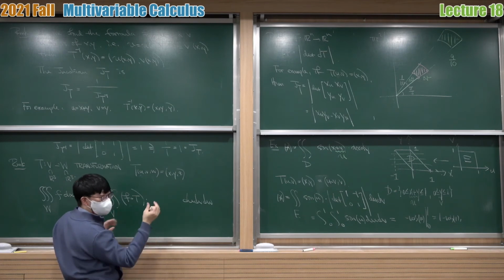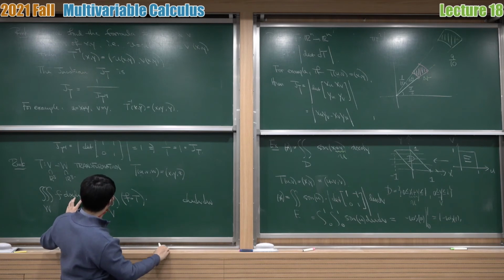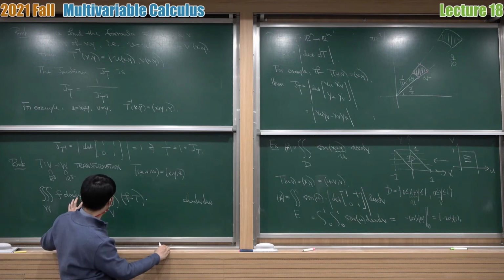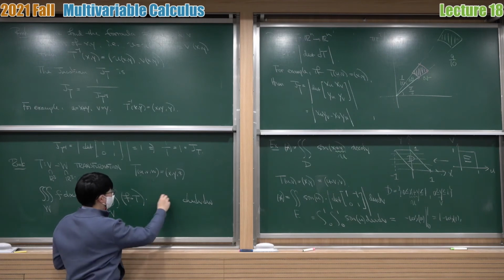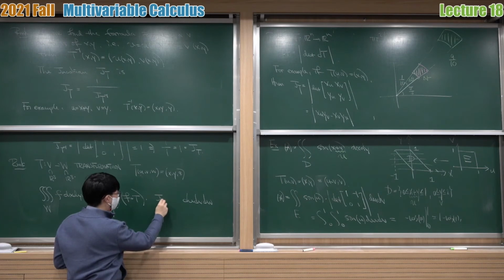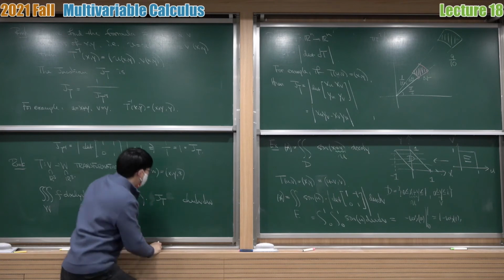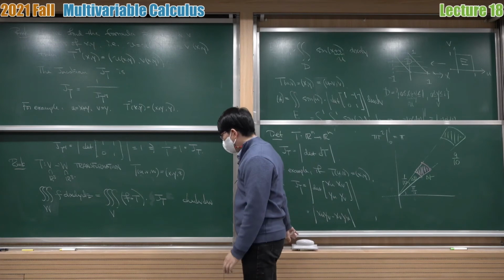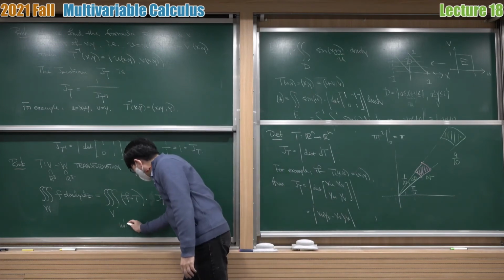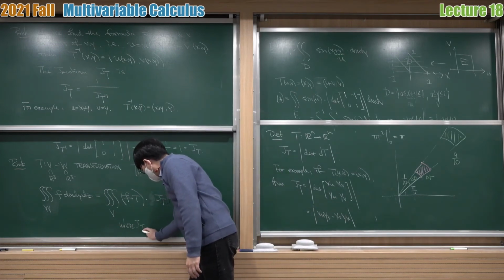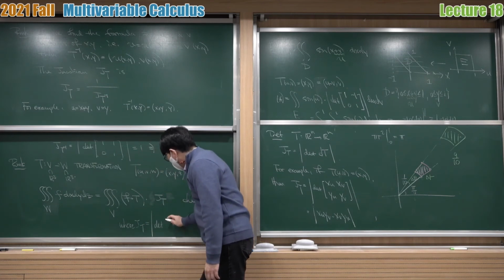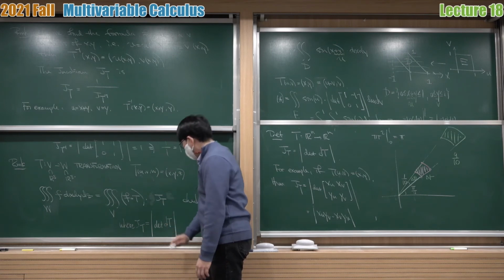But I need a factor to retrieve the volume of the corresponding volume in the x, y, z plane. So that's the Jacobian of T. Maybe I can write here, where the Jacobian of T is equal to the absolute value of the determinant of DT.